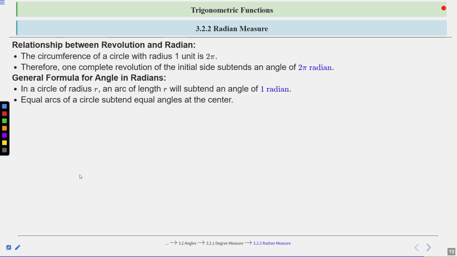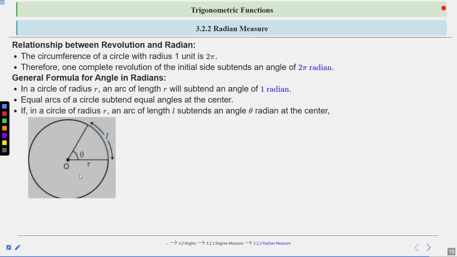Equal arcs of a circle subtend equal angles at the center. If in a circle of radius r, an arc of length L subtends an angle theta radian at the center, then we have this relation: theta equals arc length L divided by the radius r of your circle.